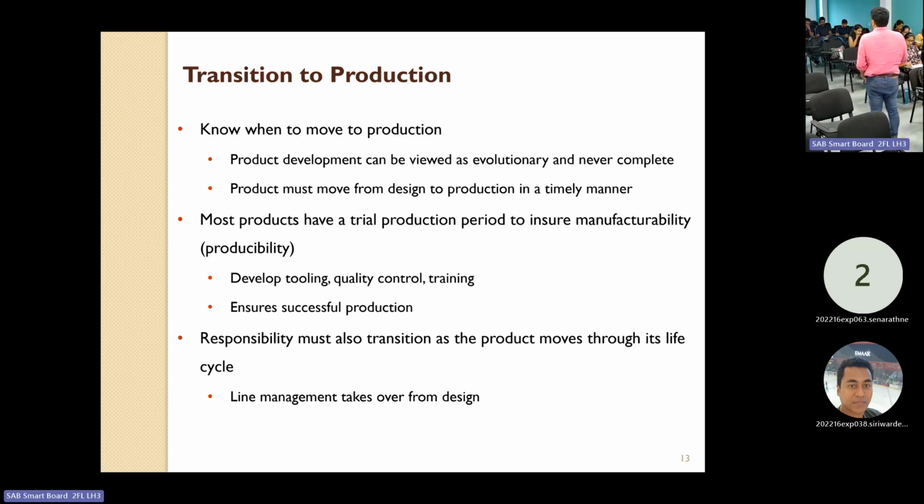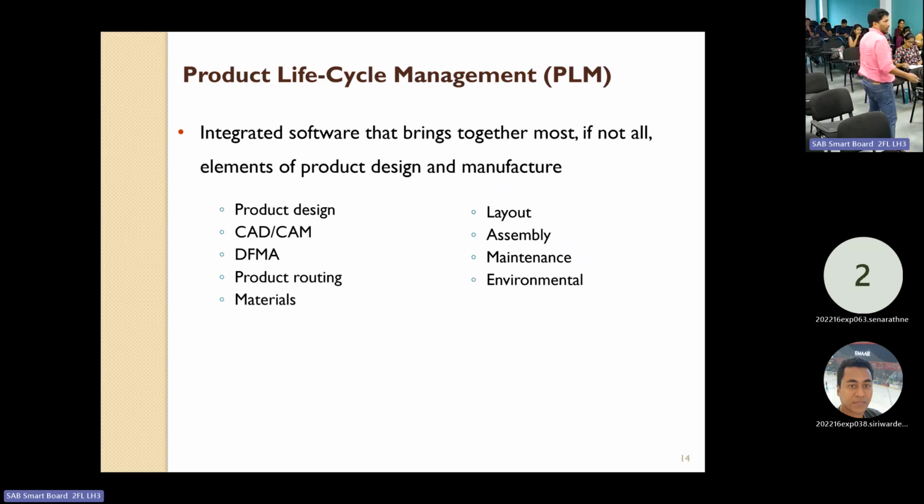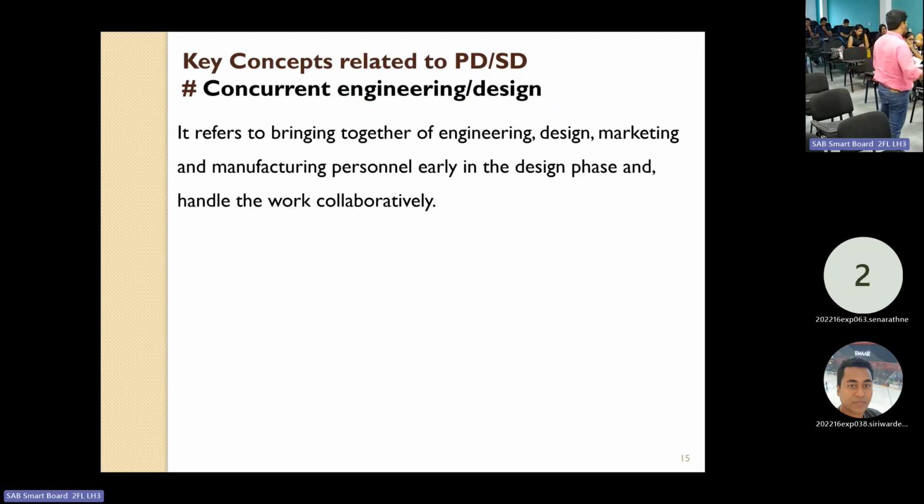This is what we needed to understand, and after that, we kept discussing various concepts and practices relevant for product designing. We talked about PLM, a kind of integrated software solution available for this purpose. And then, of course, concurrent product design, which we discussed at the beginning.